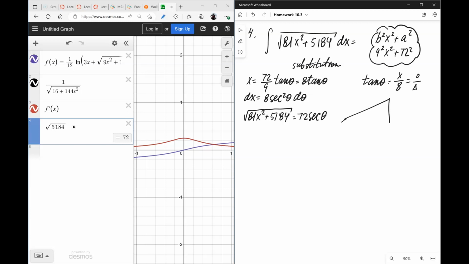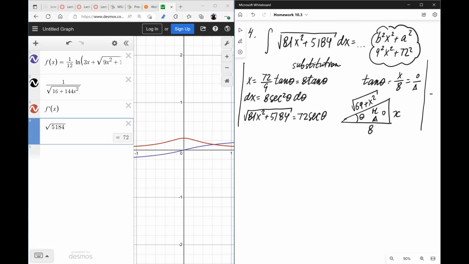Reference triangle then will look somewhat like this: opposite 8x, hypotenuse square root of 64 plus x squared, adjacent 8. And now we're ready to do the substitution.